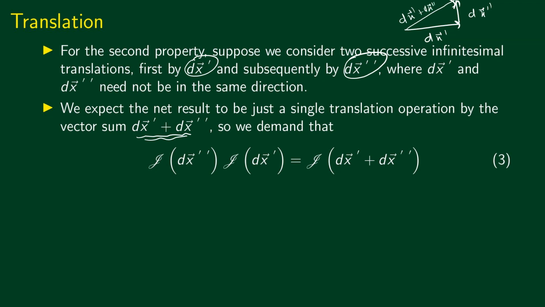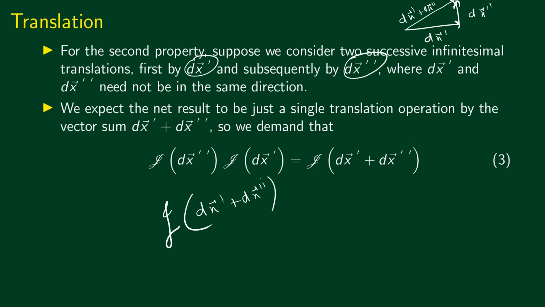Now it's logical to demand that this condition is satisfied. We expect the net result to be just a single translation operation by the vector sum dx vector prime plus dx vector double prime. So we demand that j of dx vector prime followed by j of dx vector double prime, one translation followed by another translation, can be written as a single translation, and the corresponding operator would be j of dx vector prime plus dx vector double prime.